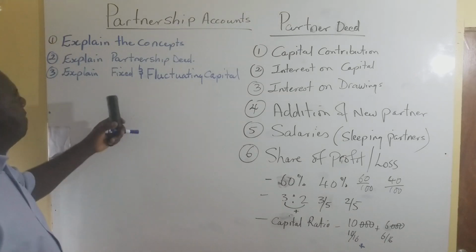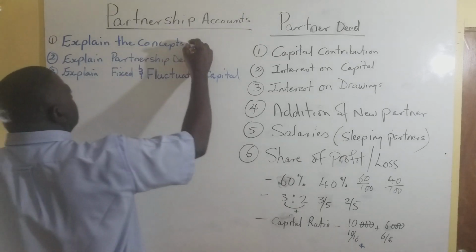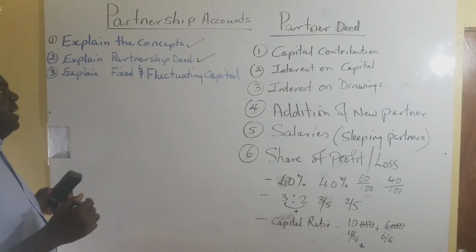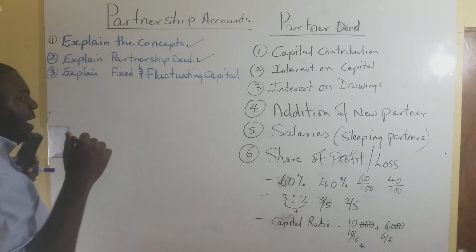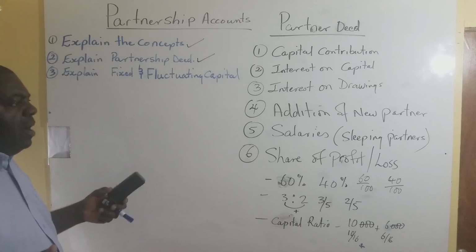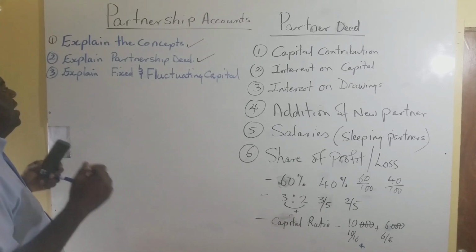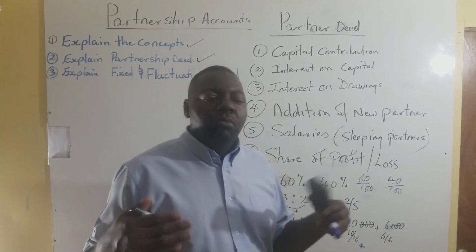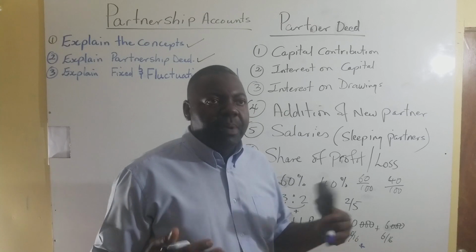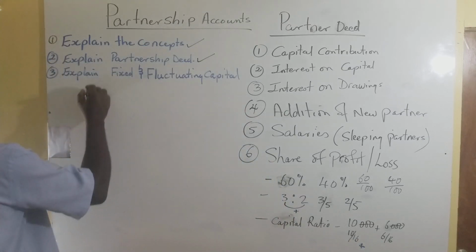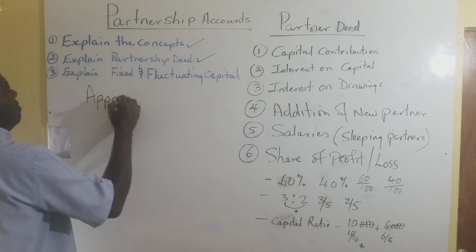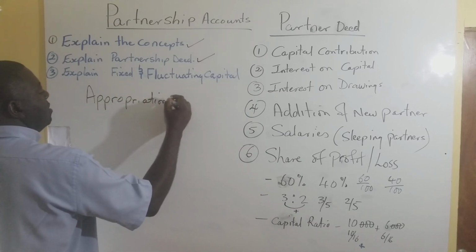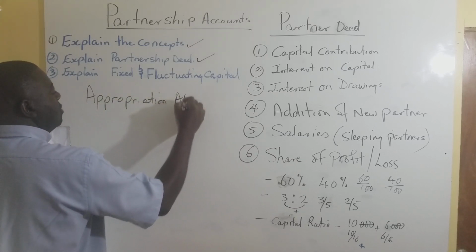Now, in doing so, we have done that and we have done that one, but I'm going to move on to say there is an account that is open when we are doing the allocating. We're allocating the monies that are due to the partners, referred to as the appropriation account.